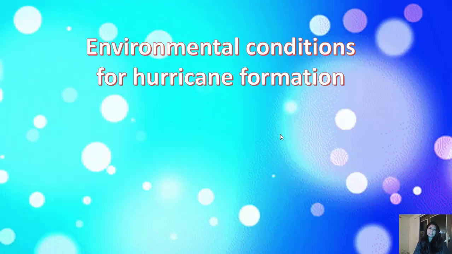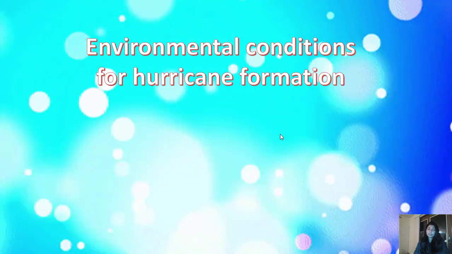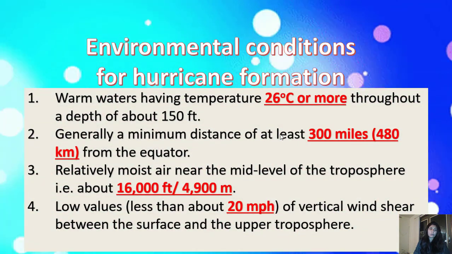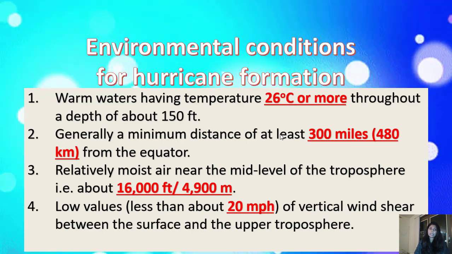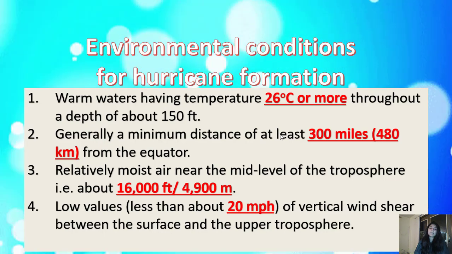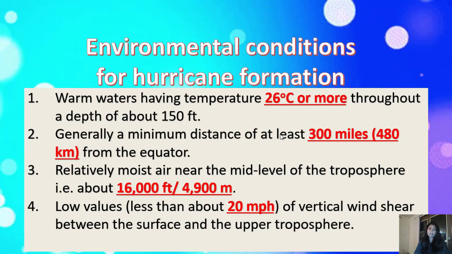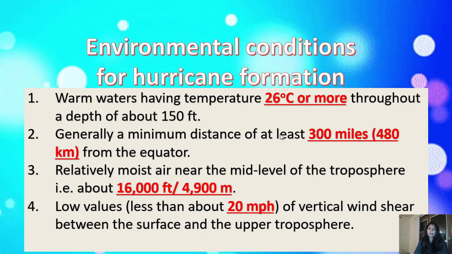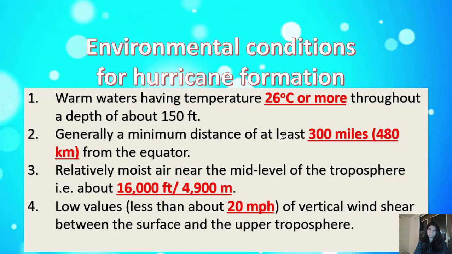So now we are going to see the environmental conditions which are necessary for a hurricane or cyclone formation. Number 1. Warm waters having temperature 26 degrees Celsius or more throughout a depth of about 150 feet. Number 2. Generally, a minimum distance of at least 300 miles or 480 kilometers from the equator, as we have discussed before, like it is usually a phenomenon seen in tropical and subtropical regions.